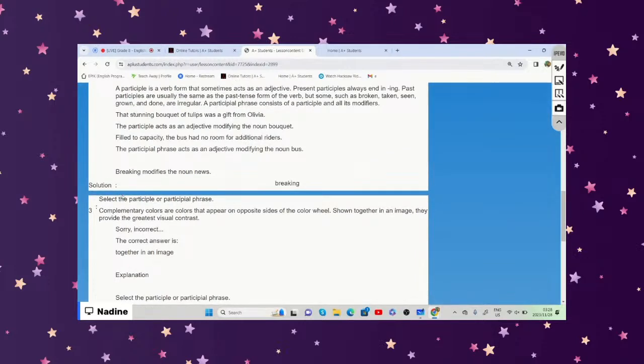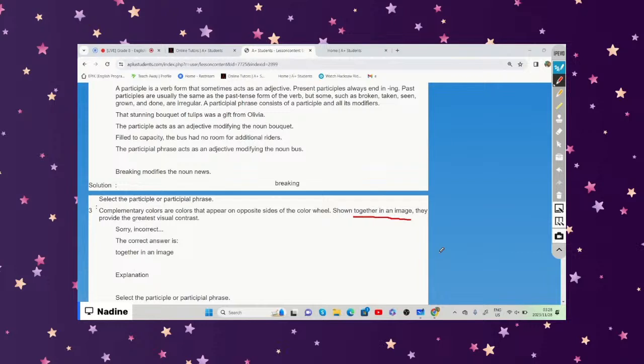And remember, we said that a participle phrase acts as an adjective that modifies a noun. A participle phrase consists of a participle and all its modifiers, which means that we are going to select together in an image.